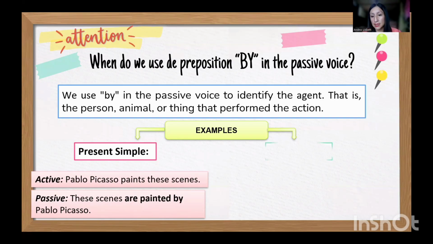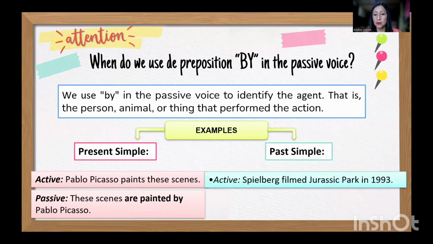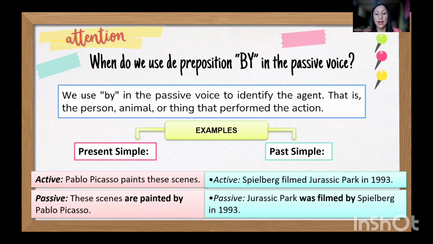And in the past simple, we have active: Spielberg filmed Jurassic Park in 1993. In the passive voice: Jurassic Park was filmed by Spielberg in 1993.